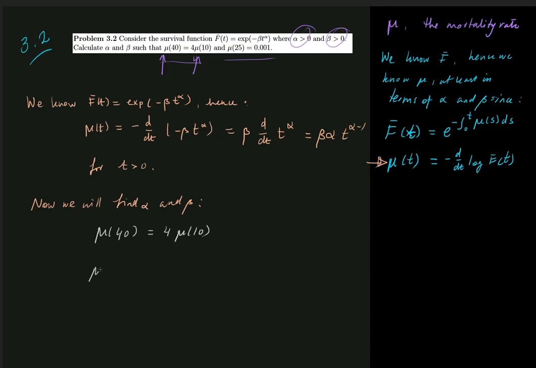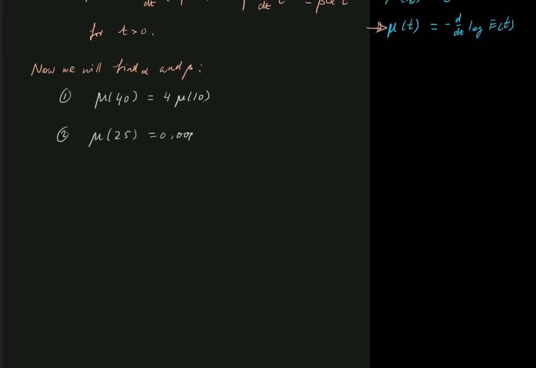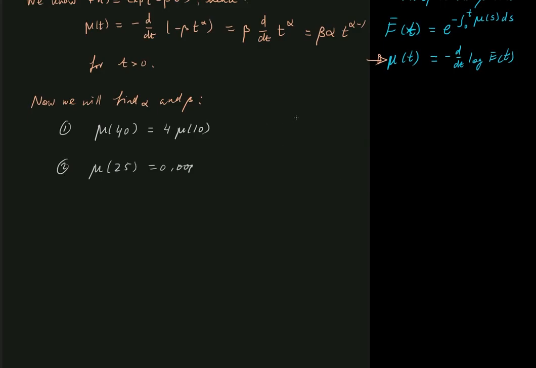Also, alpha and beta should satisfy that mu of 25 is equal to 0.001. So alpha and beta should satisfy these two conditions, 1 and 2. And also, we know that in general, mu of t has the expression beta times alpha times t to the alpha minus 1, which was what we found out just earlier in this exercise.